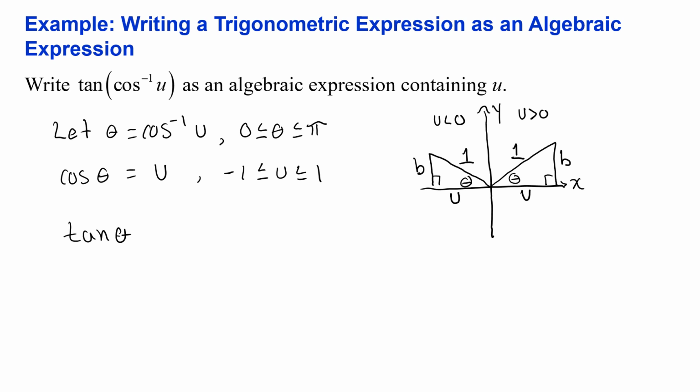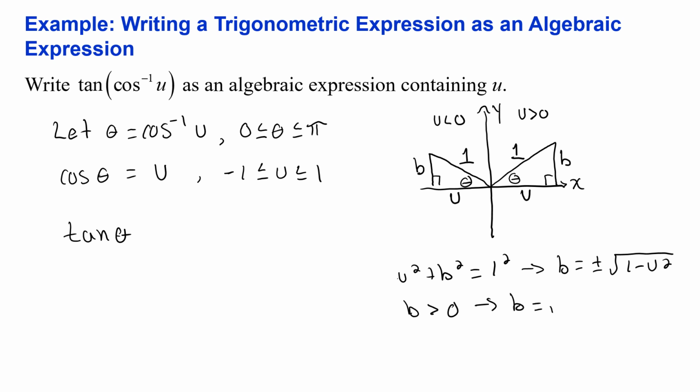So we can use Pythagorean's theorem and write u squared plus b squared equals 1 squared, and thus b equals plus or minus square root of the quantity 1 minus u squared. Now we know that b is going to be positive because theta is in quadrant 1 or quadrant 2. Therefore, b equals the positive square root of the quantity 1 minus u squared.